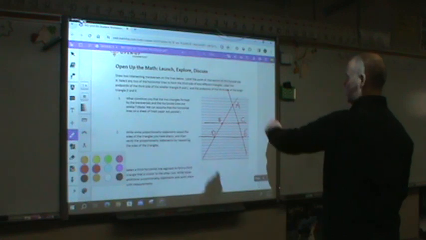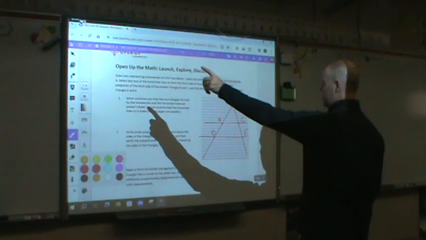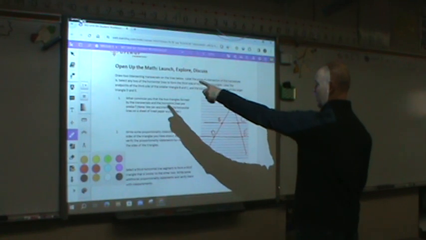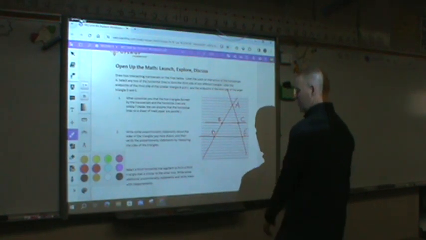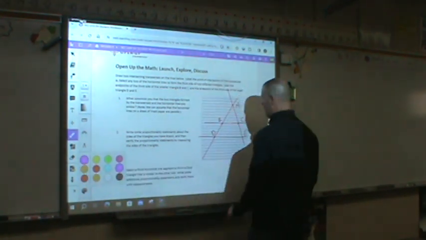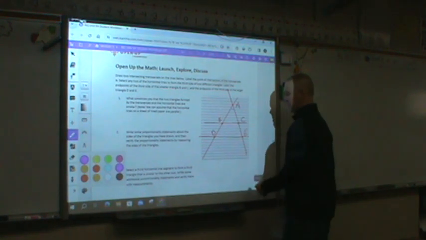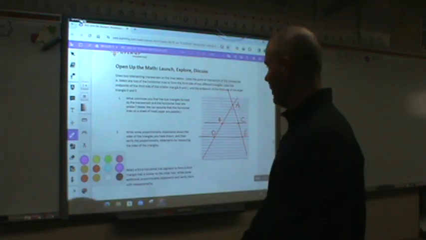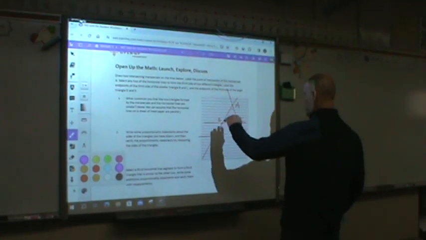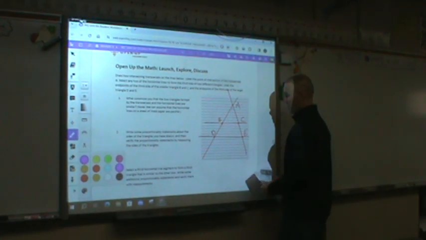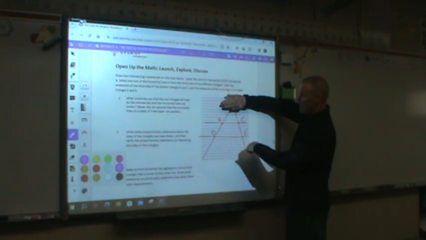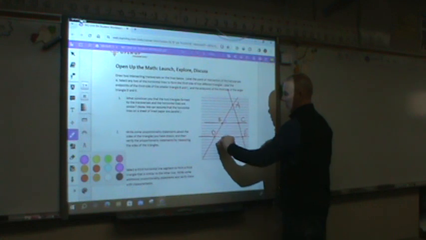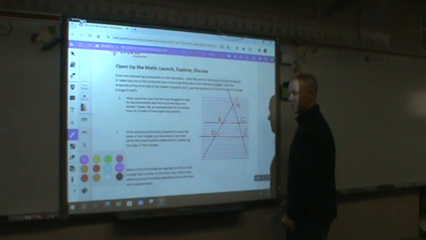What convinces you that the two triangles formed by the transversals and the horizontal lines are similar? Well, here's the gist of it. Angle A is the same angle for both triangles, right? B and C are parallel, they never cross. So if we go back and look at something like this, which should look familiar, angle B and angle D are corresponding angles.